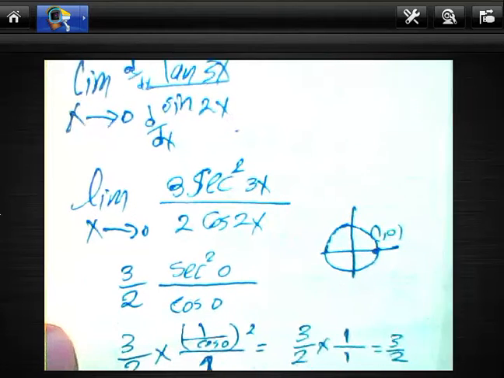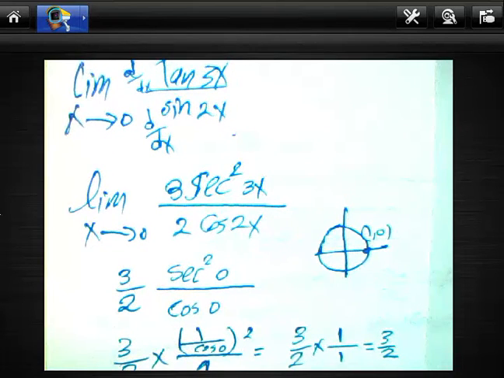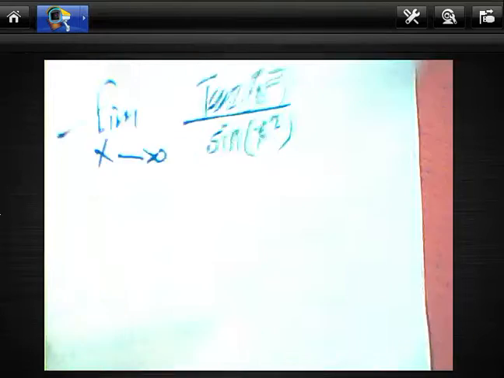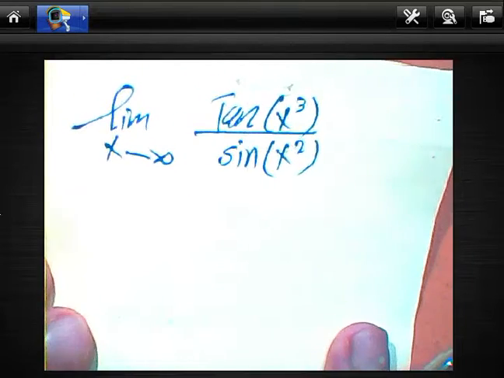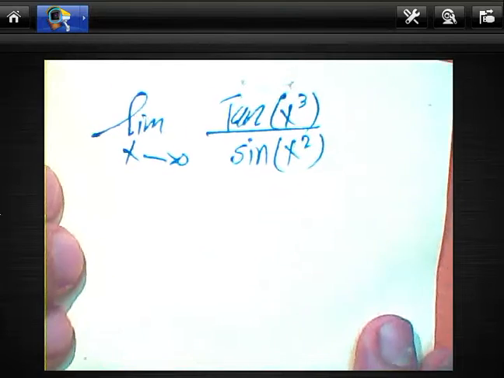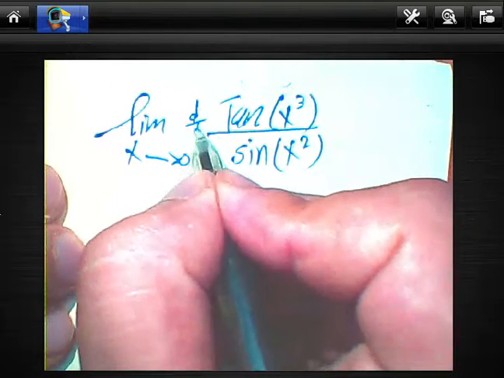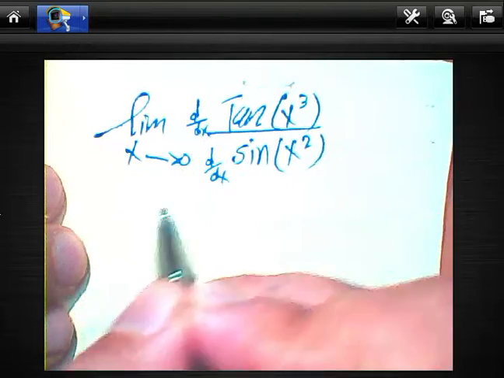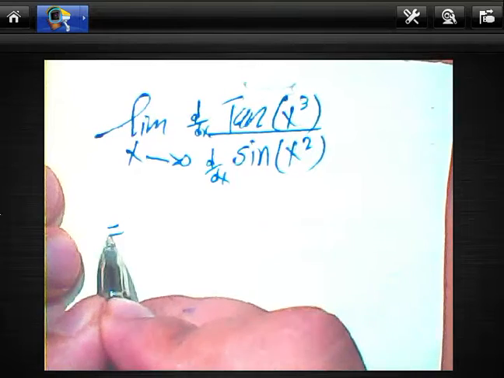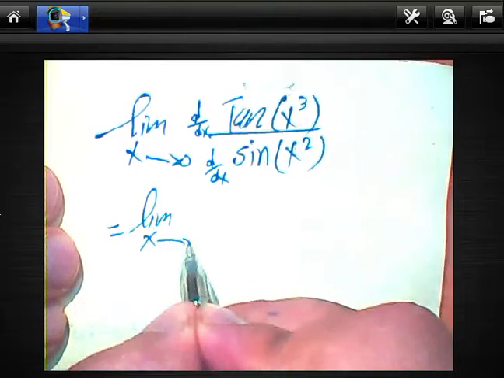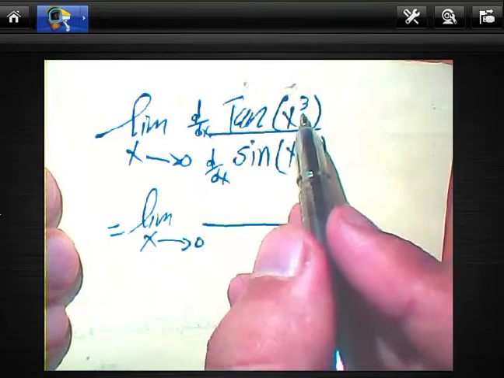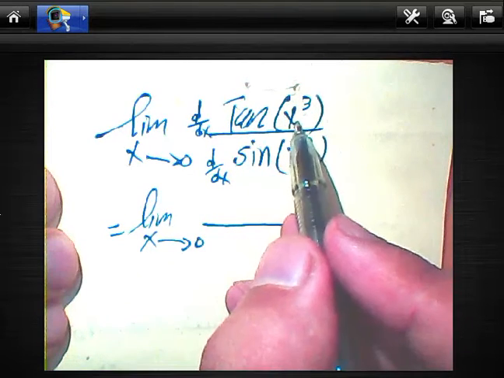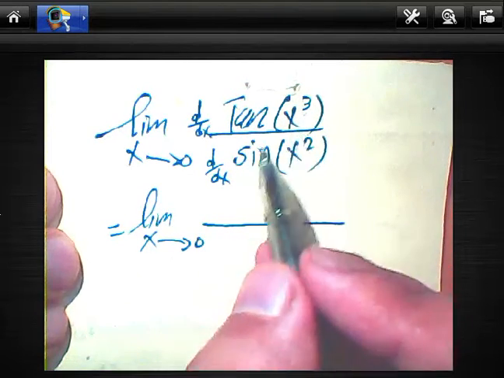But in this example, we want to find the limit as x approaches 0 of tan x cubed over sine x squared. We find the derivative of the numerator and denominator, each with respect to x. We write the limit as x approaches 0, and we have tan x cubed.